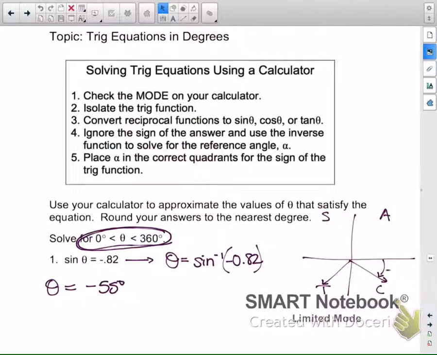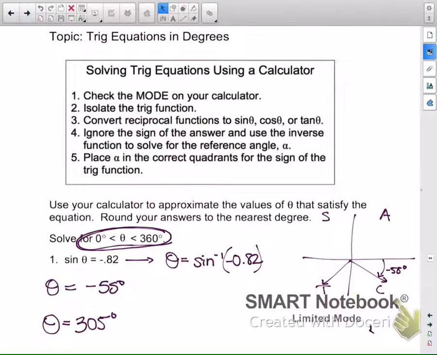It's telling me this is negative 55 degrees, and if I'd like to write that as a positive answer, how do I do that? 360 minus 55 gives me my first answer of 305 degrees. How am I going to get my other answer?